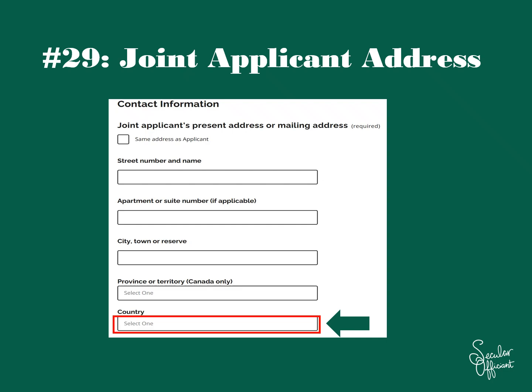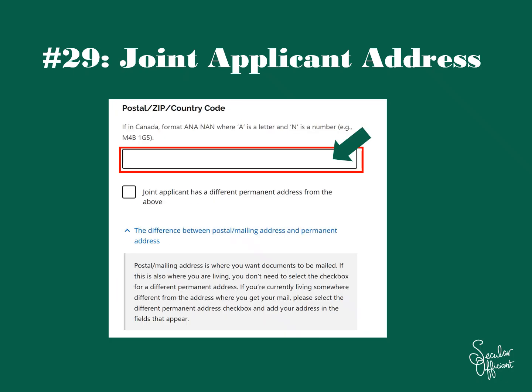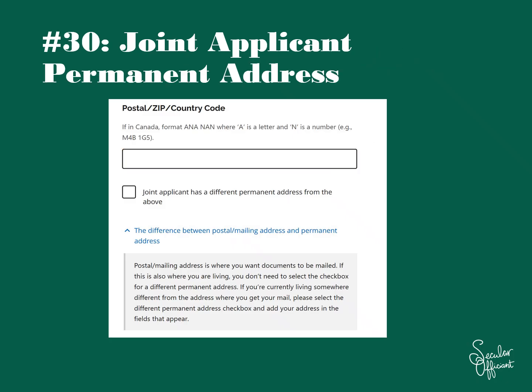If they live outside of Canada, leave the province or territory box blank and select the country that they live in. Your partner will also include their postal code. Step 30 is indicating if your partner has a different permanent address. If that's the case, select the square box and input their permanent address.